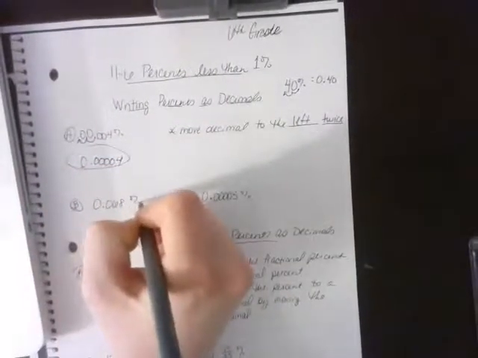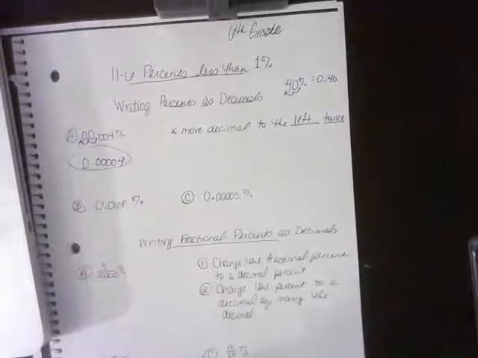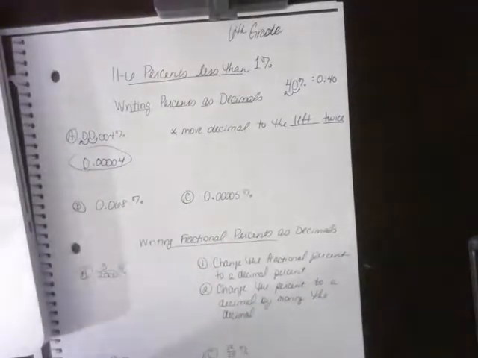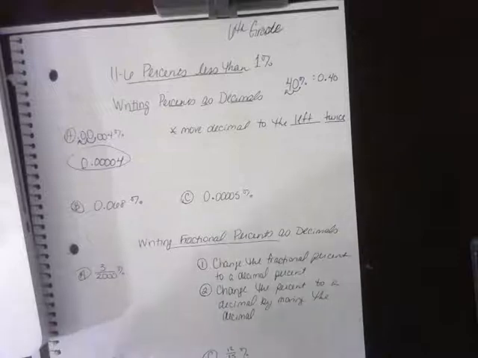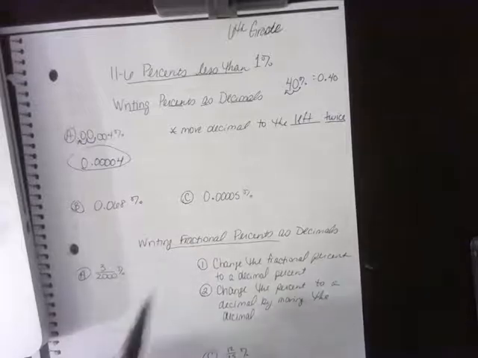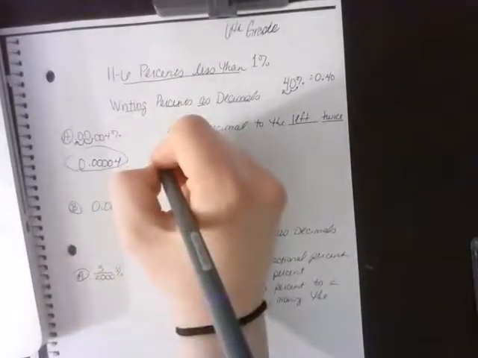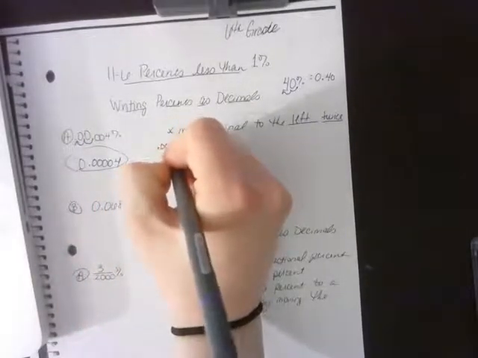This one was supposed to be a percent. I forgot to put my sign there. And so same thing. We just simply move our decimal to the left twice. We can do the same thing that we did with our percents greater than 100%. I could technically take this 0.004 and put it over 100, because remember, percents are out of 100. It's a ratio always out of 100.